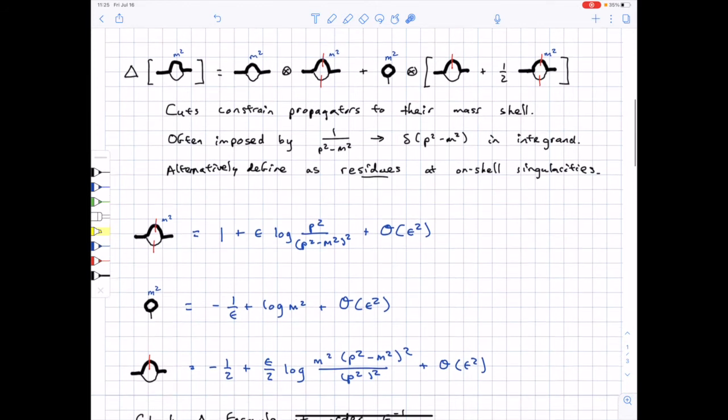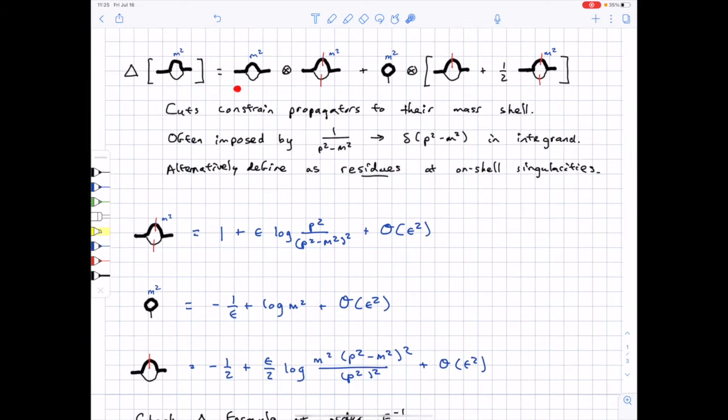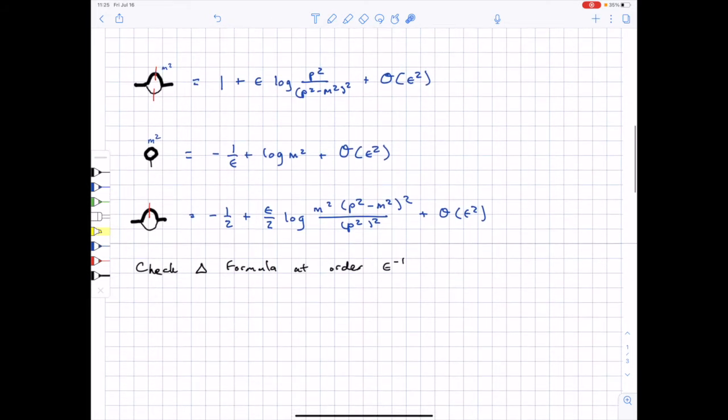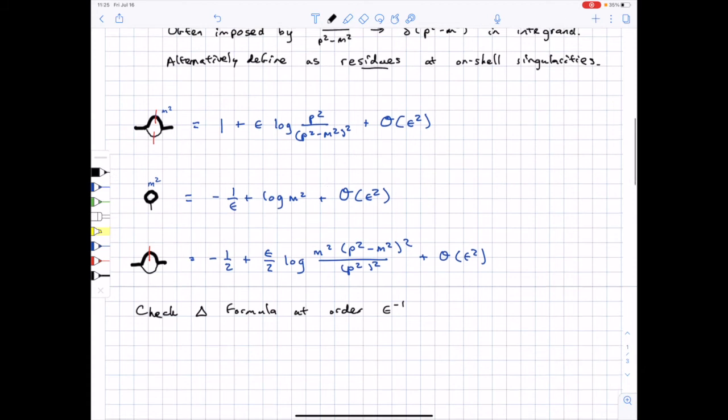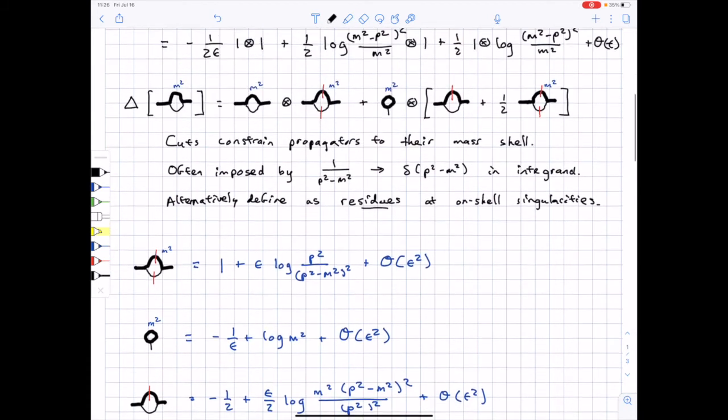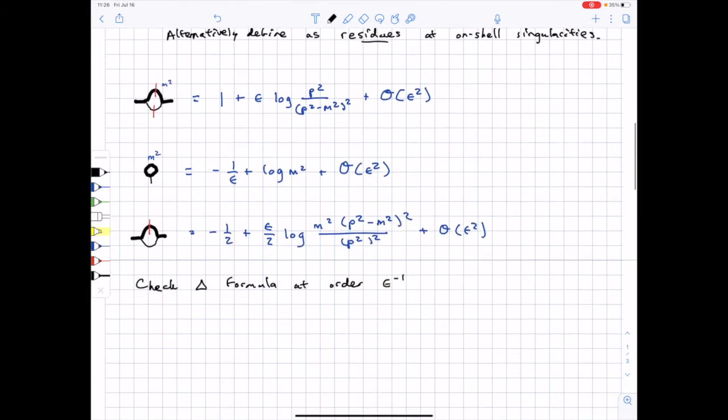Now on the right-hand side, we do get divergences from these first entries here, and all the cuts, however, are finite. So this is pretty easy to check. We only need to collect the leading order terms. So we'd find that we have minus 1 over 2 epsilon, 1 tensor 1 on the left-hand side.